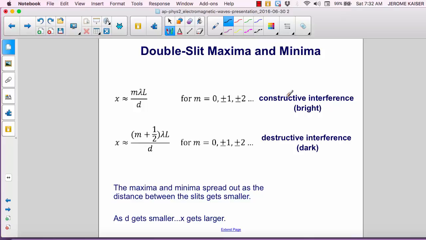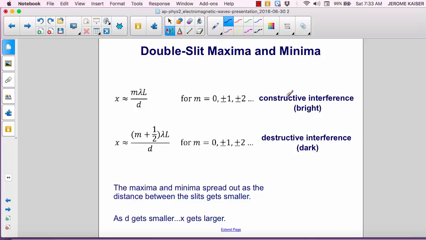So we have two equations. The distance between successive maxima, or the distance from the center to a maximum, is given by x is approximately equal to m times lambda times L divided by d. Again, where m is the order of the interference fringe, lambda is the wavelength, L is the distance between the double slit and the screen, and d is the distance between the two slits.